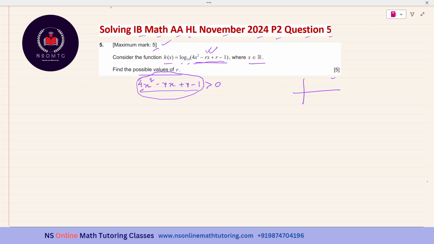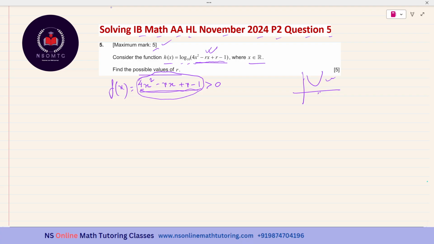So the parabola will be totally above the x-axis. I do not know where it will be crossing the y-axis, but I know that it will be totally above the x-axis, because if I consider this to be f of x, this function value should be more than 0. So the graph will not be touching the x-axis.